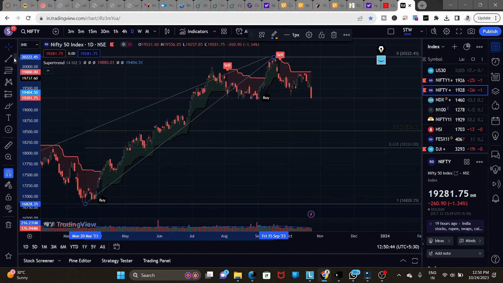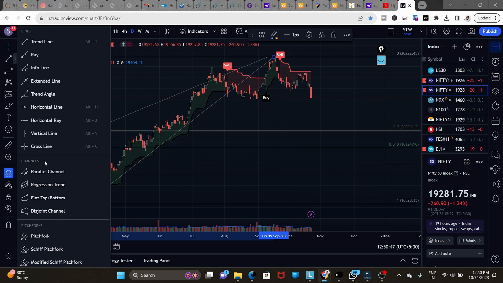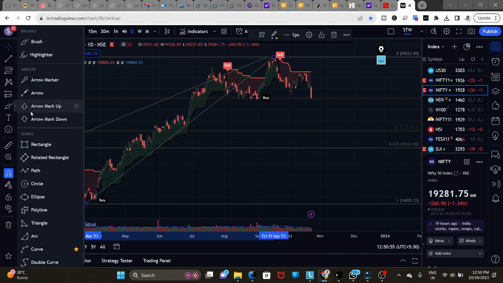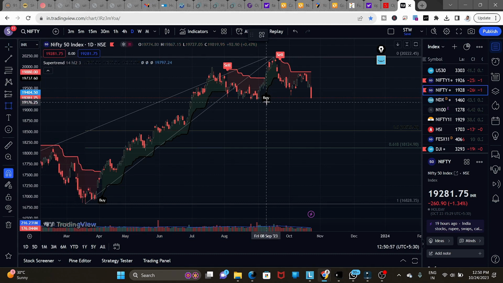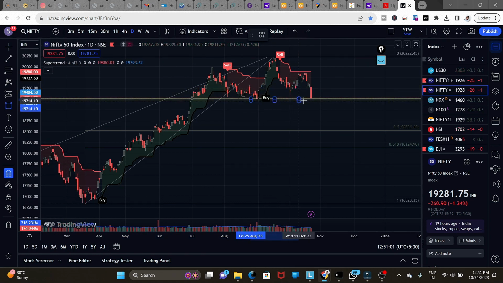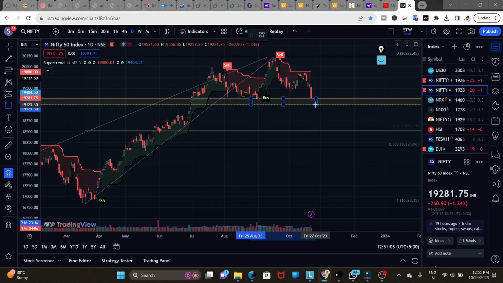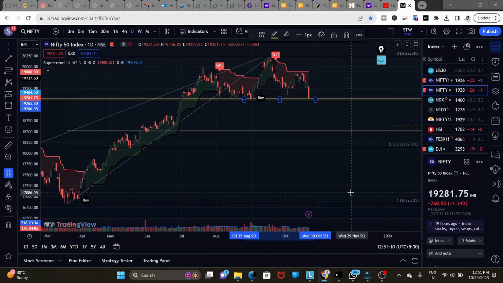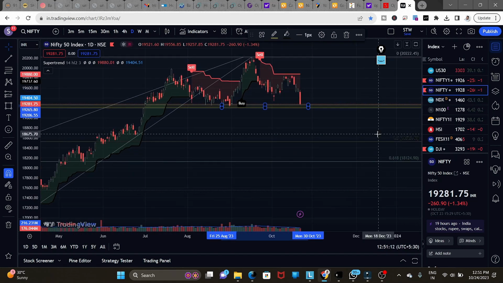Now if you see, this is a very critical level at which the market is standing. I'll just use a rectangle. Okay, so this is one zone where the market is standing at the current level.